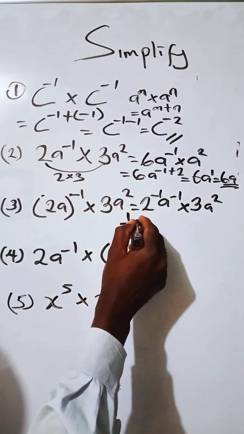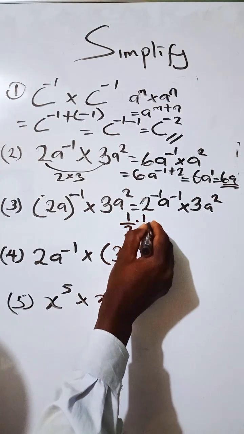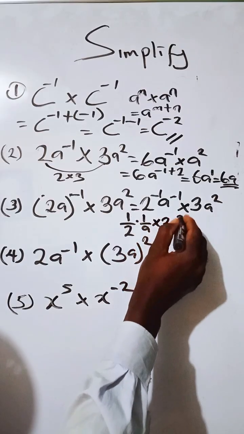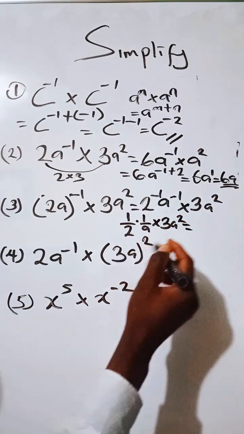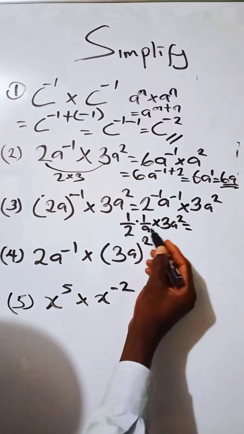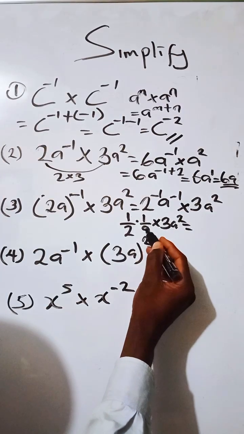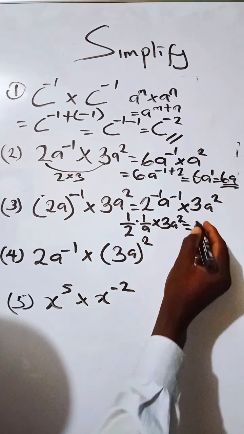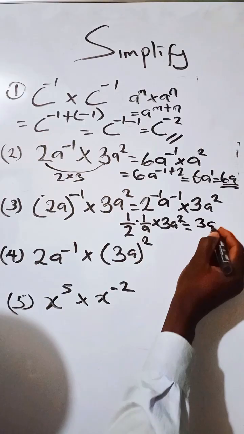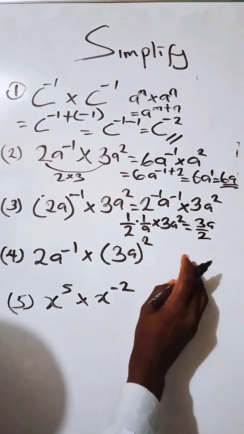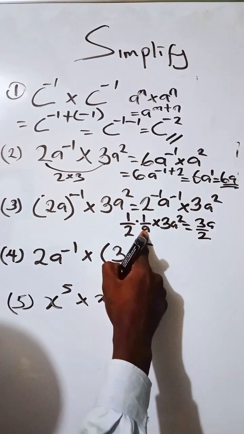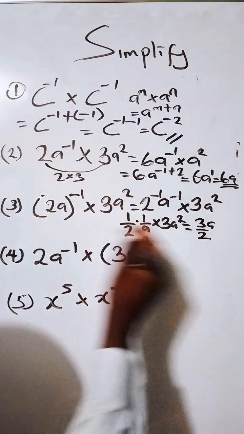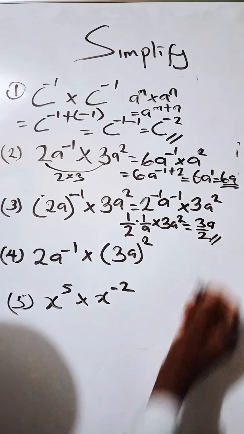For a raised to power minus 1, we have 1 over a, times 3a squared. Since we are dividing, we can subtract the powers. When we multiply this together, we have 3a over 2. For a squared, we have removed 1 out of the a. So the answer to number 3 is 3a over 2.